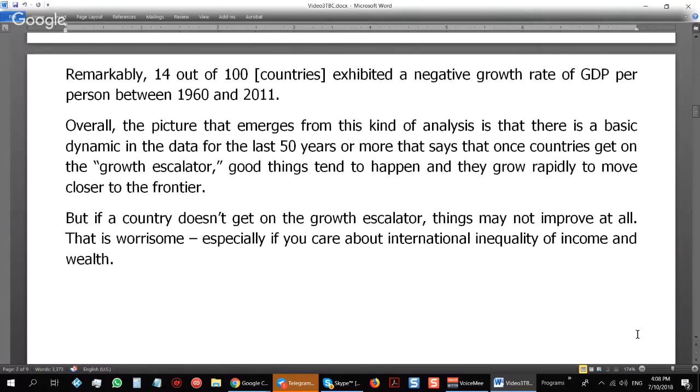Overall, the picture that emerges from this kind of analysis is that there is a basic dynamic in the data for the last 50 years or more that says that once countries get on the growth escalator, good things tend to happen and they grow rapidly to move closer to the frontier. But if a country doesn't get on the growth escalator, things may not improve at all. That is worrisome, especially if you care about international equality of income and wealth.